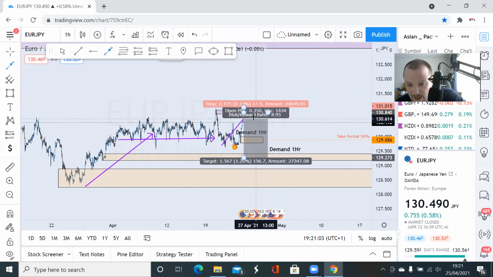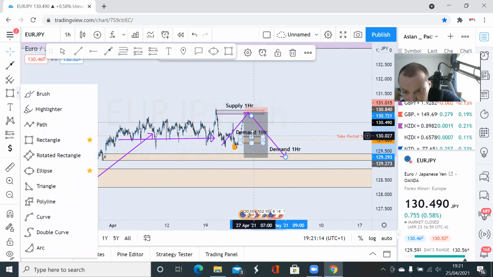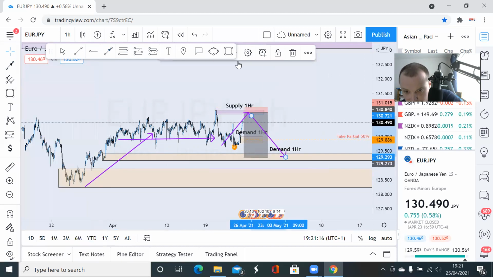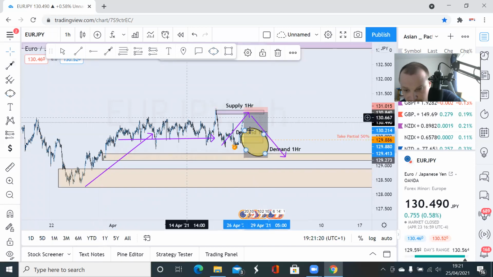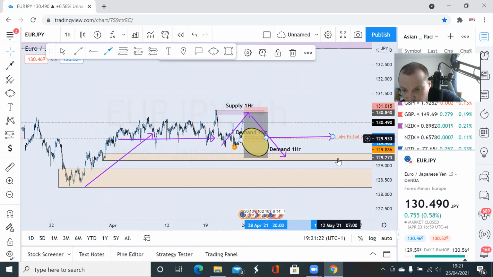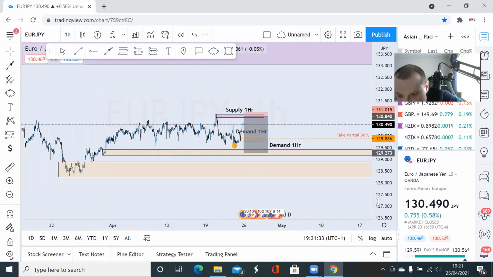And then from there, we'll be looking for the push down into the second lower area of the 1 hour demand, with taking out partials of this here on this line of the 50%. Okay, so I hope that's made a little bit of sense. That's a quick insight on the EurJpy, where I see it from.